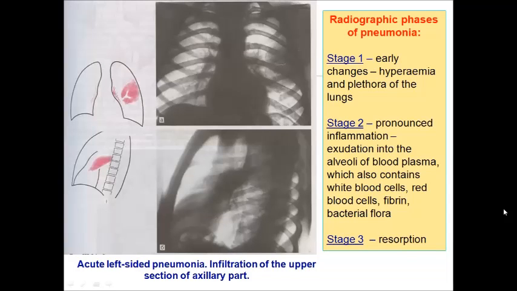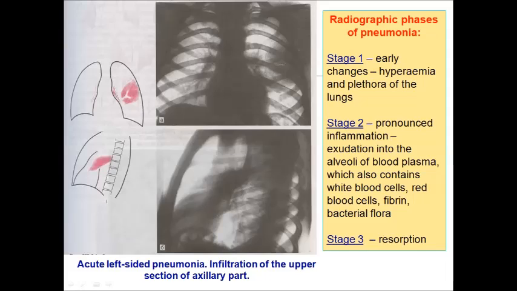Inflammation of lung tissue, most typical is pneumonia, total, lobar or segmental. The common radiographic stages of pneumonia are, at first, early changes such as hyperemia and plethora of lungs.